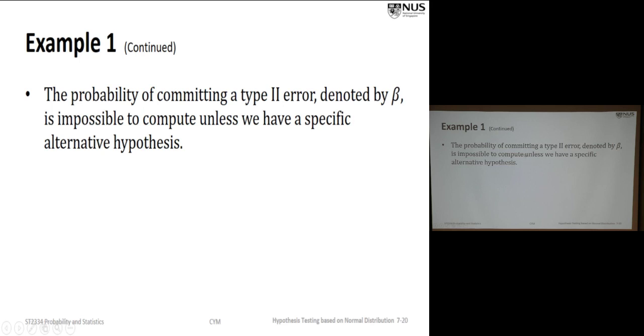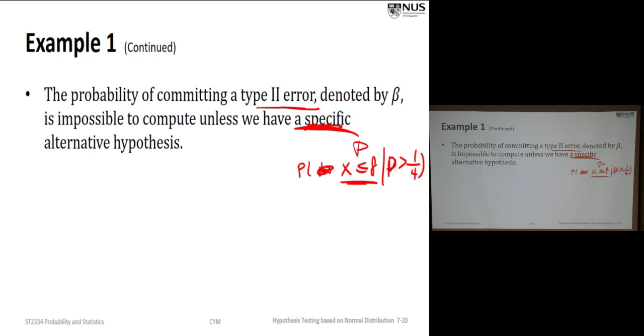So we cannot answer this question unless we specify the P. We cannot say the probability of do not reject. Do not reject means X less or equal to 8, given that P is greater than 1/4. X less or equal to 8, the decision is to not reject the null hypothesis.